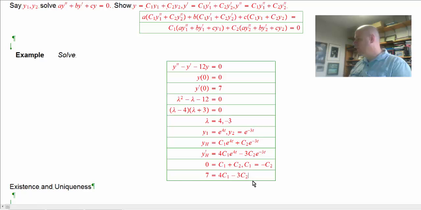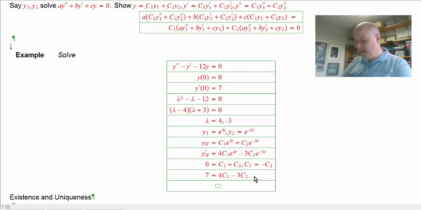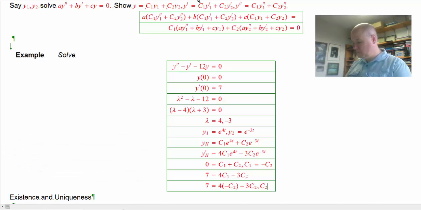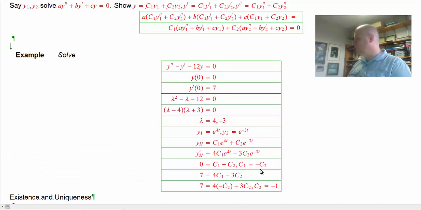So I can substitute that in the second equation and get 7 equals 4 times, instead of C1, I'm writing minus C2, minus 3 C2. So it looks like 7 is equal to minus 7 C2. So C2 must equal minus 1. If C2 is equal to minus 1, then C1 is equal to 1.